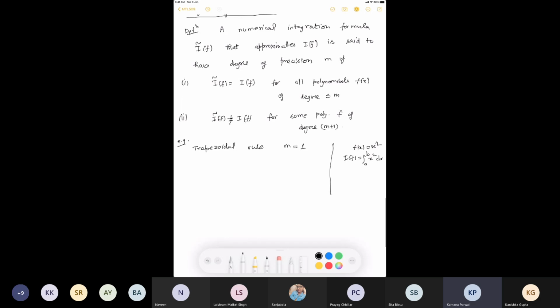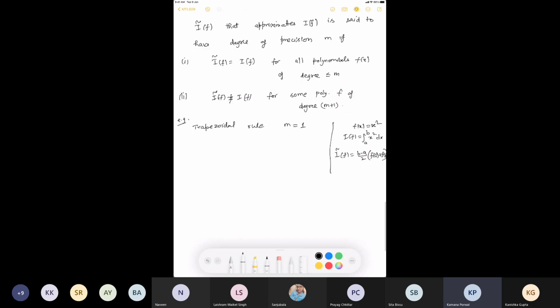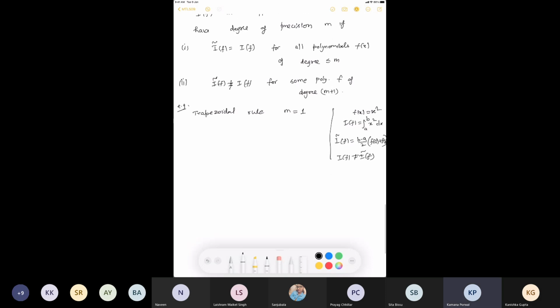And then you want to check that it is not exactly equal to I tilde of f, which is going to be (b minus a) divided by 2 times (f(a) plus f(b)). So you can choose a suitable interval a to b, and you will be able to check that these two values are not equal. Okay, so the degree of precision for the trapezoidal rule is 1.